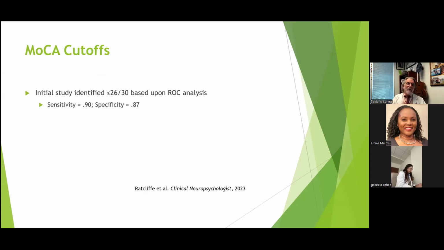Going back to the original Nasreddine study, they identified 26 out of 30 based upon their ROC analyses of that sample. And there were fewer than 100 subjects in each of those different conditions. When you apply it more broadly, as with the NAC data set, the numbers look quite a bit different.